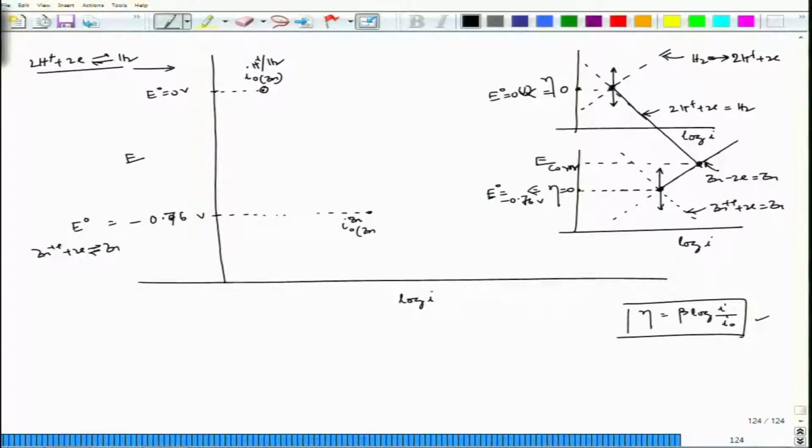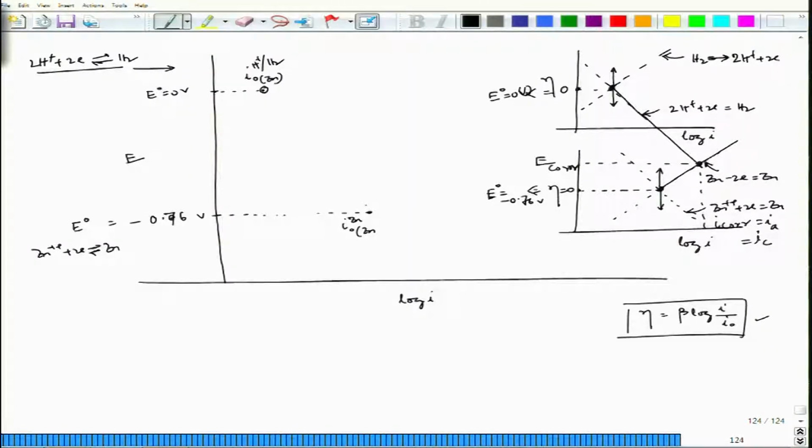This is this point, E corr point, and corresponding current density should be I corr, which is nothing but I A equal to I C. And whenever we have this situation, whatever electrons are generated are basically consumed. So, there is no net accumulation of charges for this electrically isolated zinc piece in HCl medium.